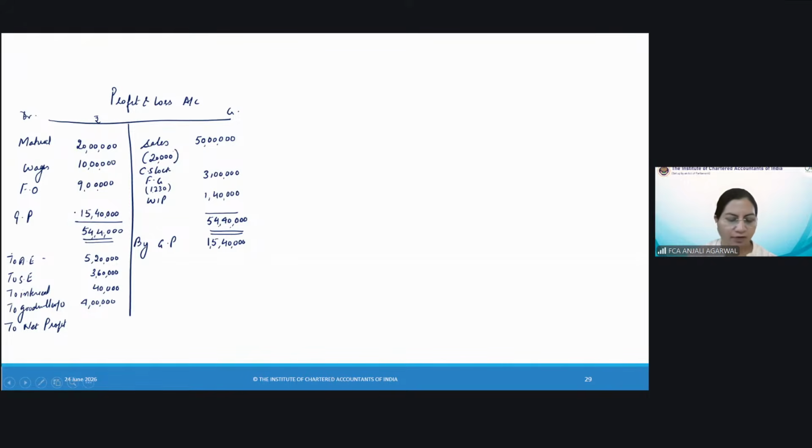From 15 lakh 40,000, when you subtract 5 lakh 20,000 plus 3 lakh 60,000 plus 40,000 plus 4 lakhs, that totals to 13 lakh 20,000. So your net profit is 2 lakh 20,000.